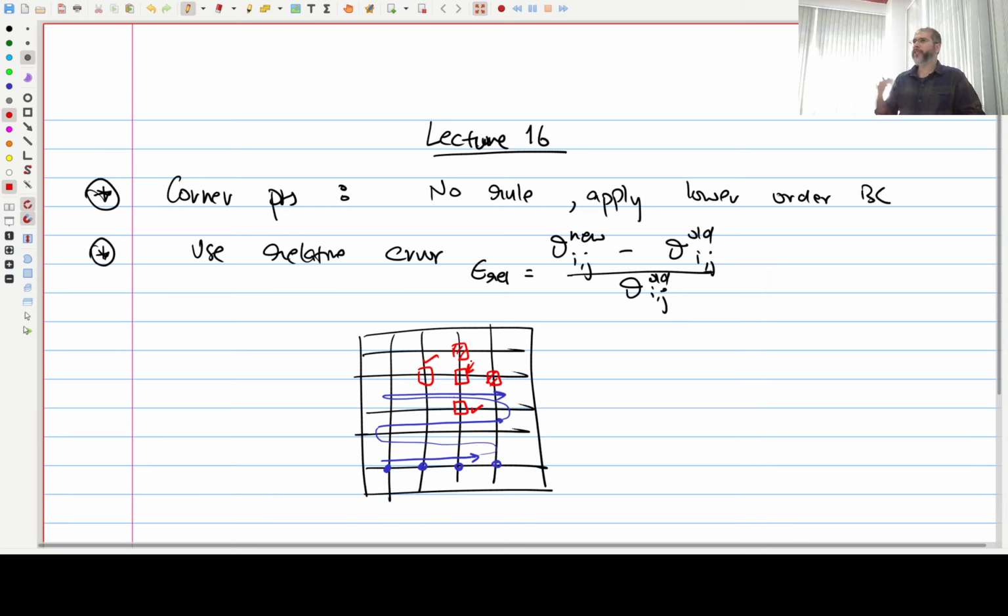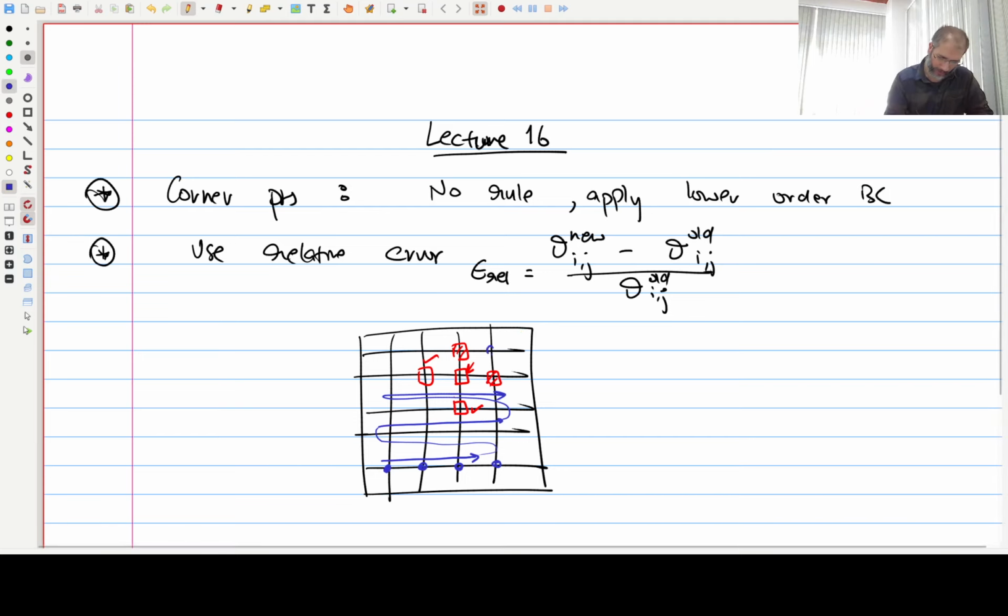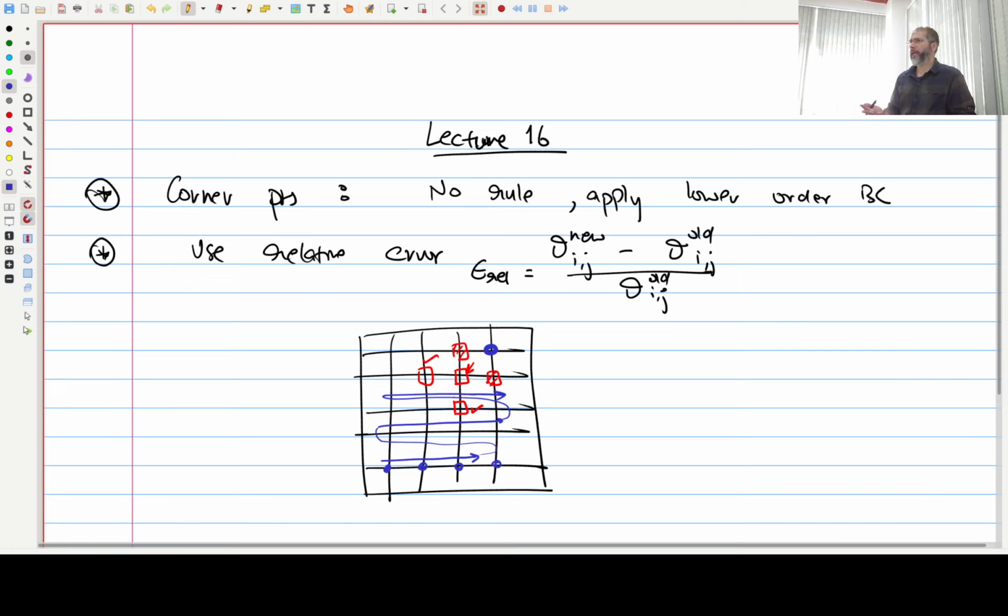Now when we move in a certain direction, the errors tend to propagate. Let's say there was an error at the first point; it tends to propagate from left to right, bottom to top. So the top rightmost point will have sort of the maximum error as compared to the one that we started with. So there is some sort of a bias in the error in the solution.